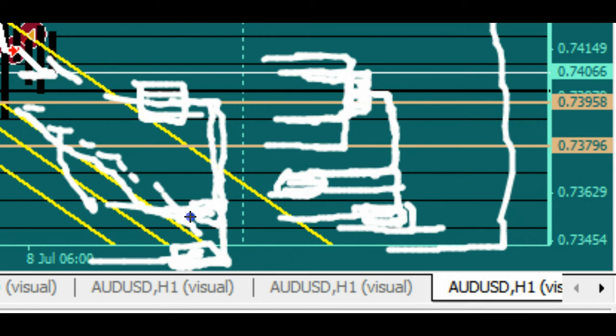And the moment it turned around, it would literally turn around. But it's such a choppy road down there that in the end, this is a 20 pip soft stop, and this is maybe a 50 pip soft take profit, because there's a cluster up there.